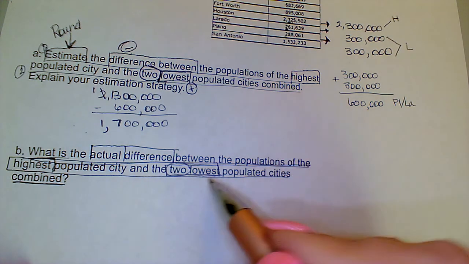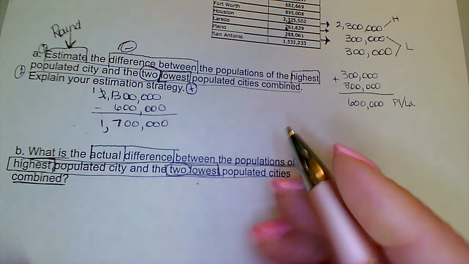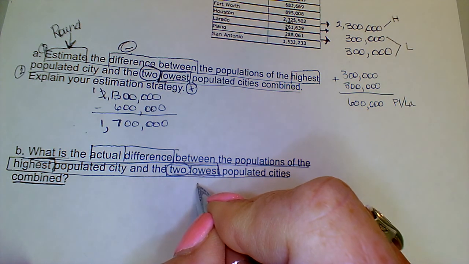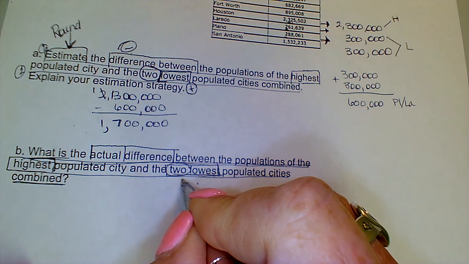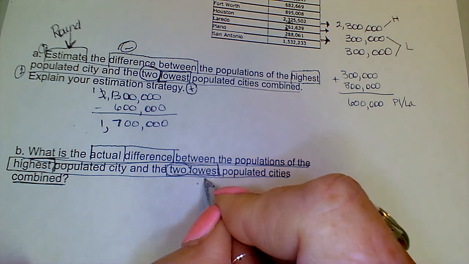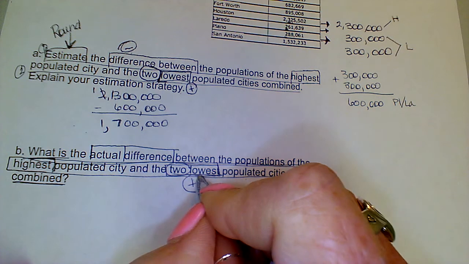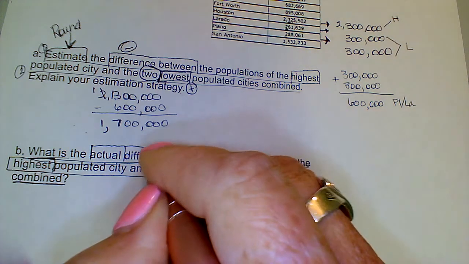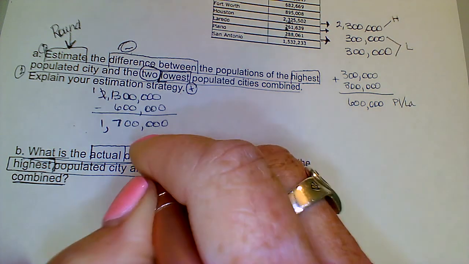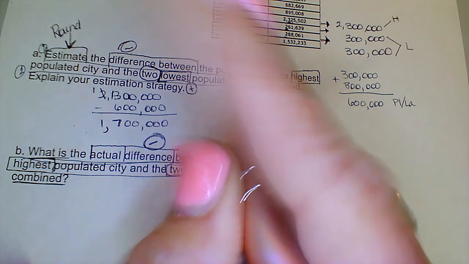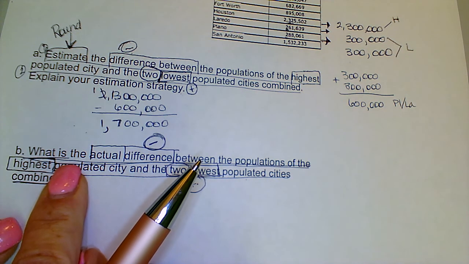So again, what are we doing to these 2? What are we doing to the 2 lowest populated cities? Adding. What are we doing for difference? Subtracting.